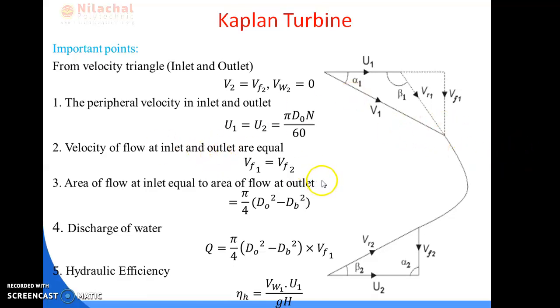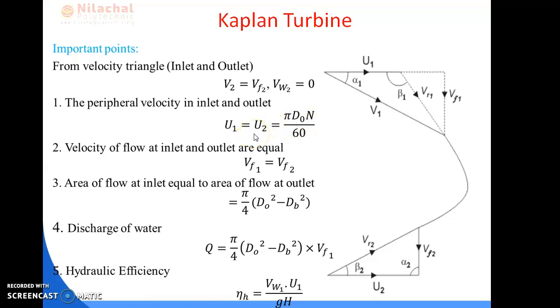We have two types of velocity: inlet velocity U1 and outlet velocity U2, equal to pi D0 N by 60. Here we have to take the blade diameter. After the blades are fixed to the hub or boss of the shaft, the diameter is obtained as D0, as discussed earlier.